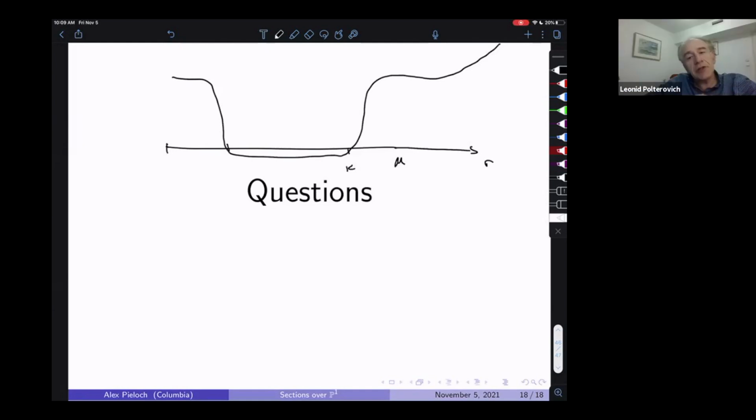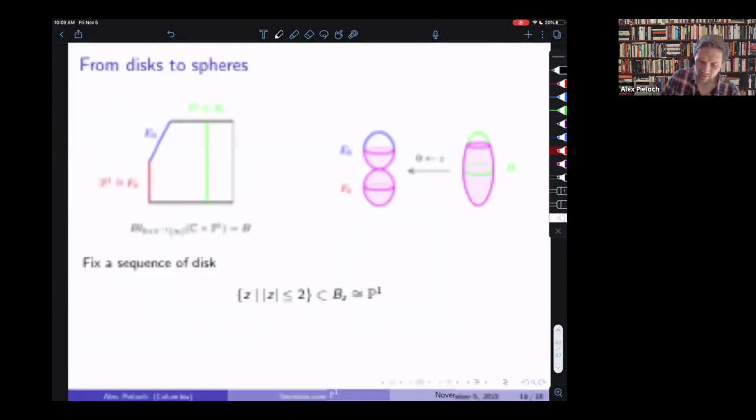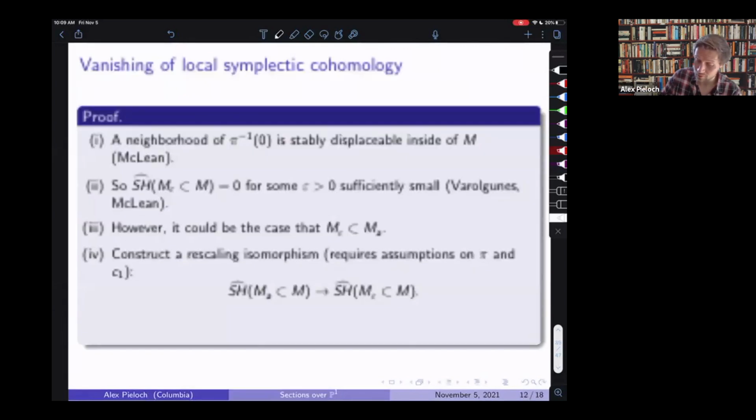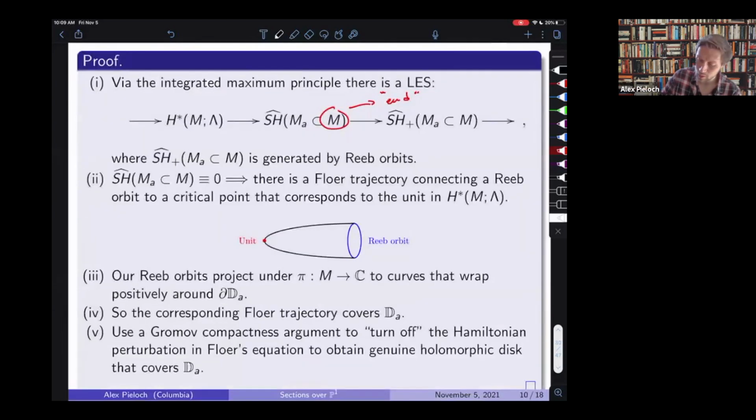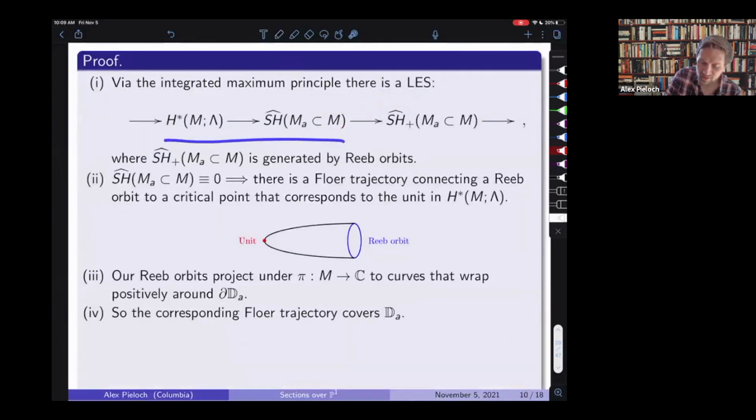And what does it mean that you introduce action filtration by hand? Right. So in general, I'm working in a non-exact setting. So I don't have this sort of action filtration. So to construct this long exact sequence, I just by hand rule out the presence of Floer trajectories that would say that the inclusion of the Morse critical points into the symplectic cochains is no longer a subcomplex.